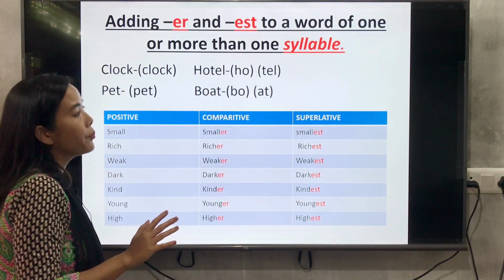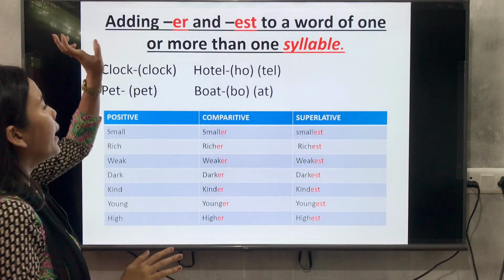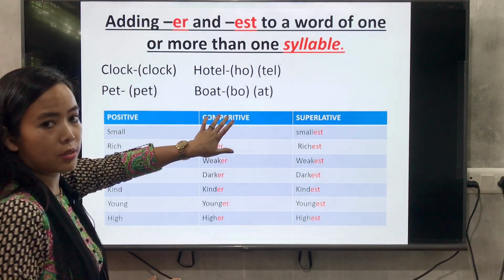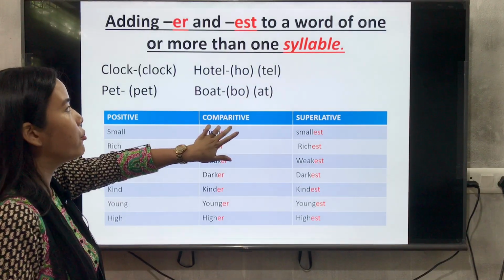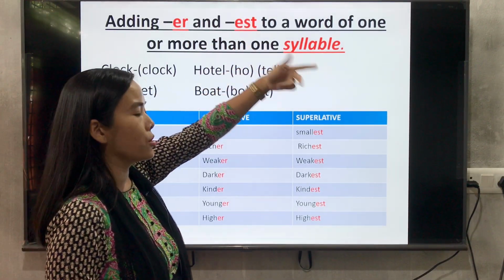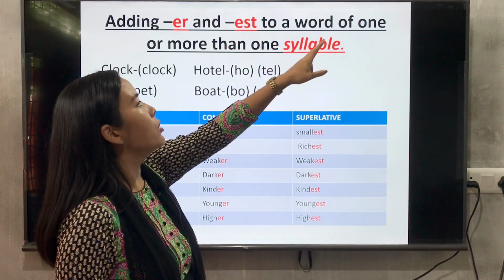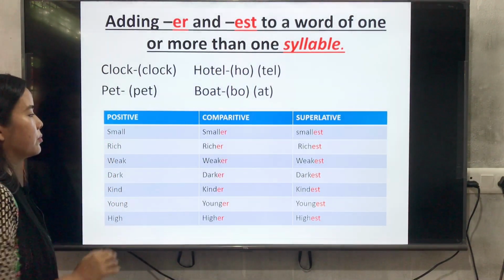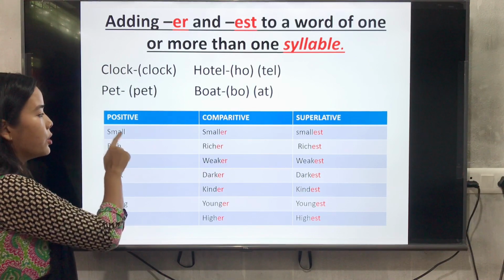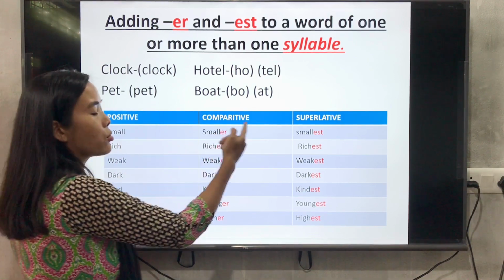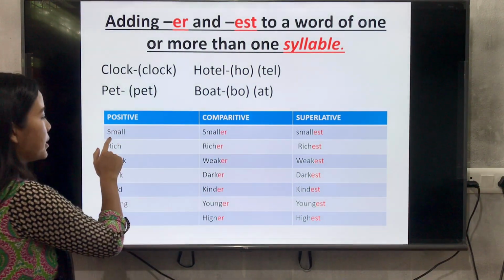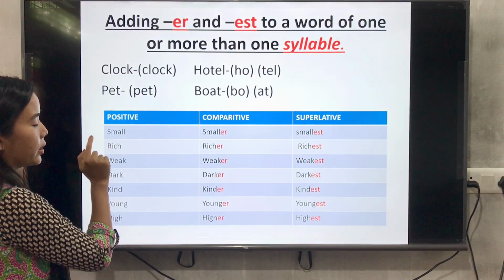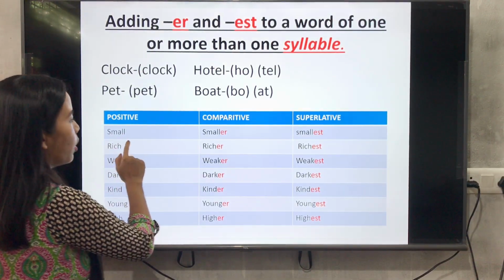So this is clear. Now, adding ER to change it into a comparative form and EST to change it into the superlative form. So, small. This is the positive degree. We need to change it into comparative and superlative respectively. S-M-A-L-L, small. There is only one vowel, that is A. So, small.